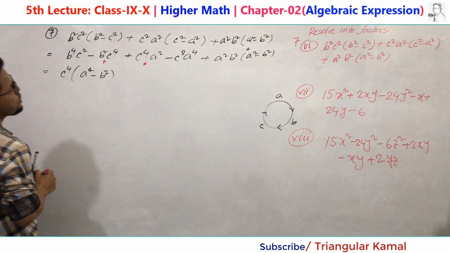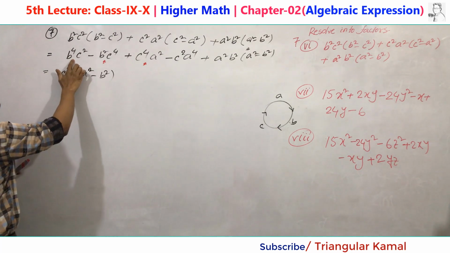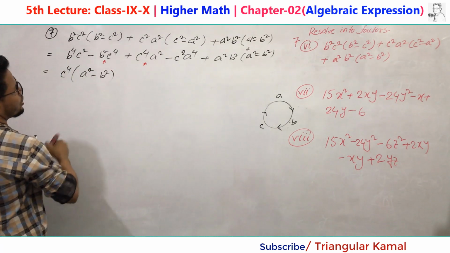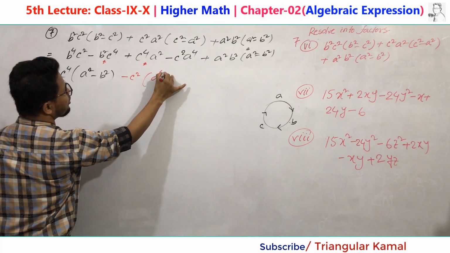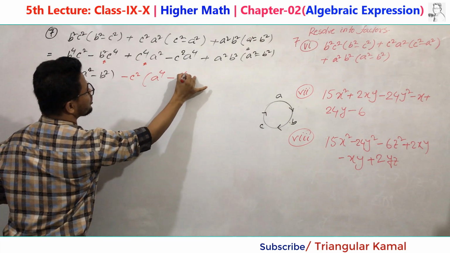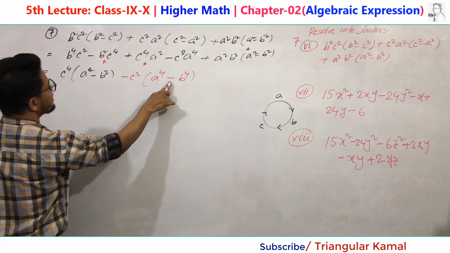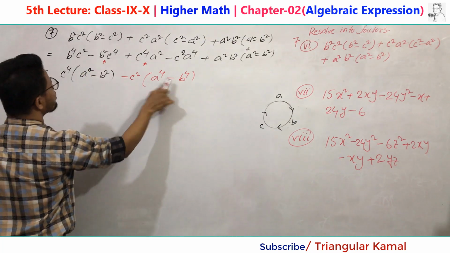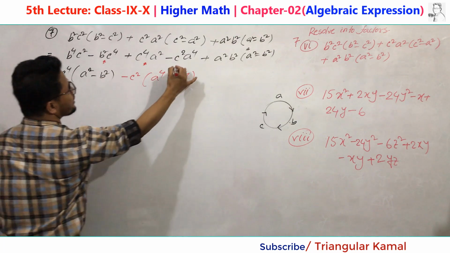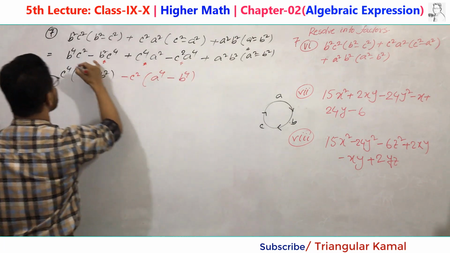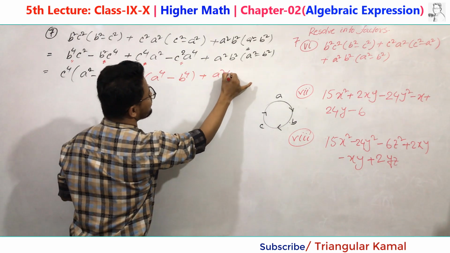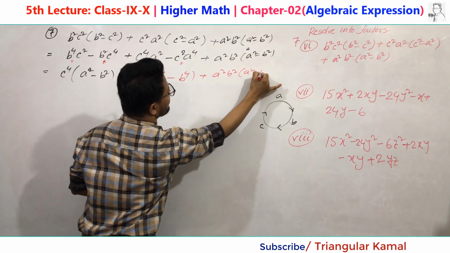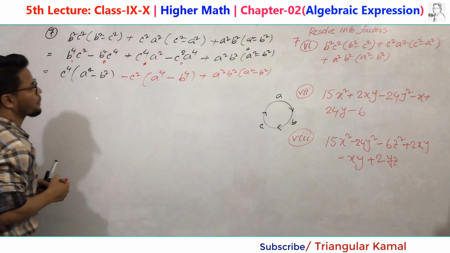Which 2 parts are remaining here? The first one and last one. Take common minus c square, this one will be a to the power 4 minus b to the power 4, because minus minus plus b to the power 4 c square, and this is the first one and this is the second one, and this remains the same, a square b square times a square minus b square.